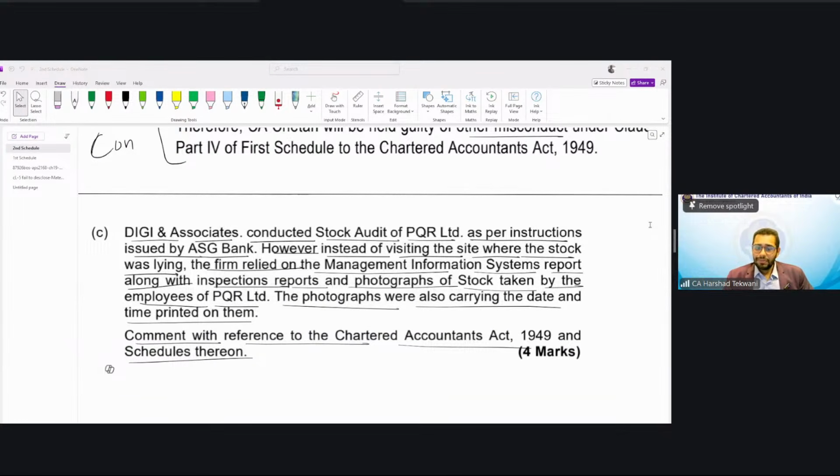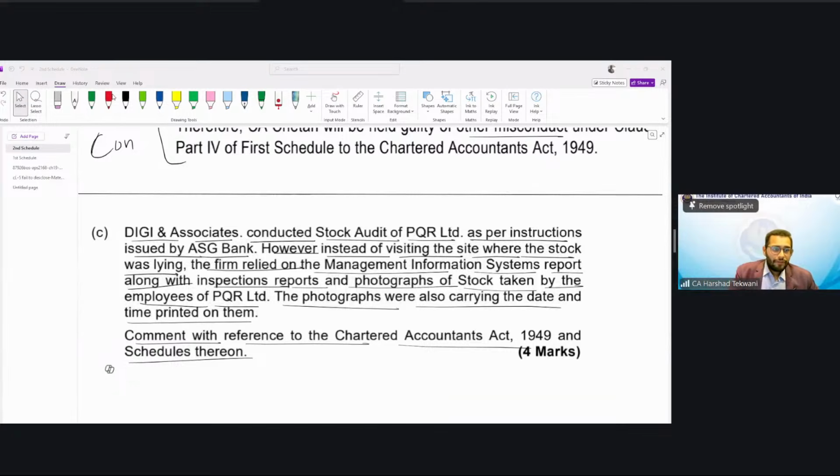So the question is, is it appropriate for the auditor to rely on the information provided by the management? It is as good as management representation. If you do not verify and you rely on that, it's as good as management representation. In that case, you have performed the work, but the work is not of the appropriate manner, and you have not exercised the skill and care that was required to be exercised.